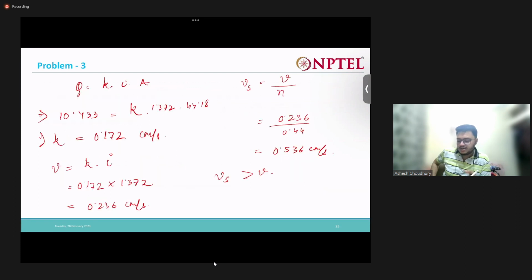So we know the total discharge Q is equal to KIA. Using that relation, we could find out the coefficient of permeability or hydraulic conductivity. Then using the hydraulic conductivity, we found out the velocity of flow, the velocity of discharge, and then using this relation we found out our seepage velocity.